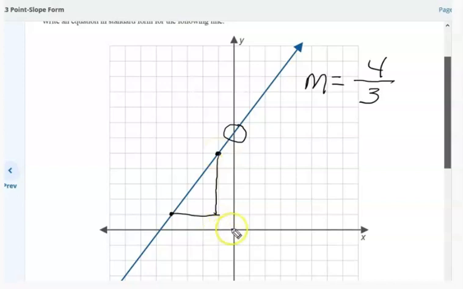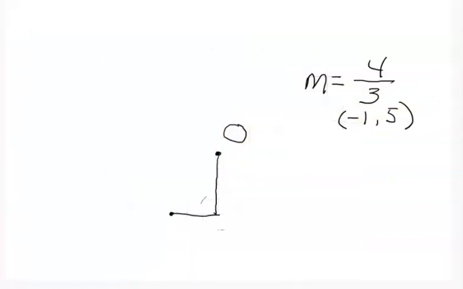And this point is a -1. And it's up 1, 2, 3, 4, 5. So now, knowing the slope and one point, we can find out what our b value is, and we'll use our whiteboard for that.